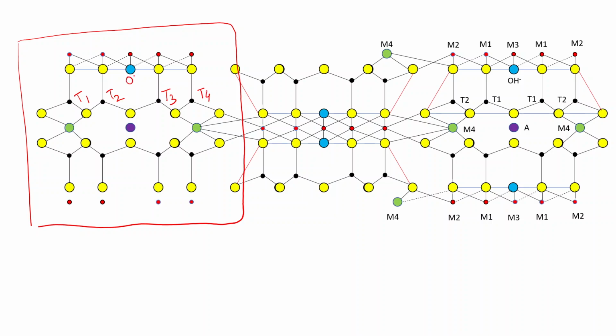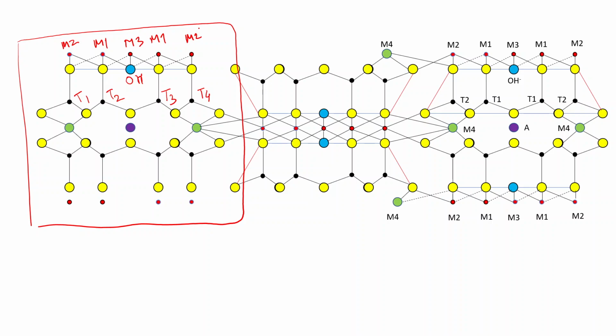And this is the OH ion. Okay. Now we have this in place. So if you look at this structure, what are these ones? These are M2, M1, M3, M1, M2.